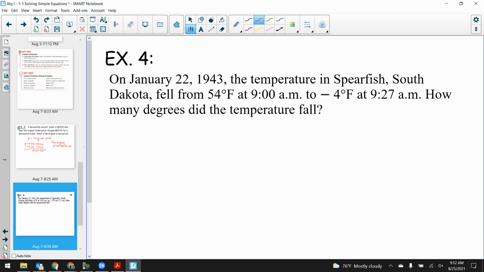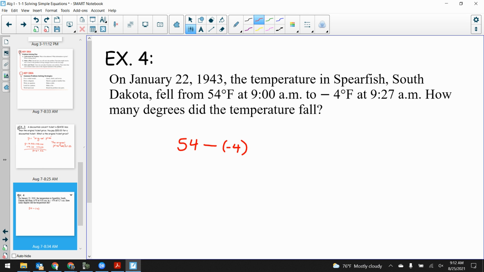Good. He said, I see, okay, we got 54 degrees, and then it's going to go down 4 more degrees, right? Past 0. Here's how I would think about this problem. It's going to decrease all the way down to negative 4. That's the total amount of decrease, right? That's the total amount that the temperature is going to go down.